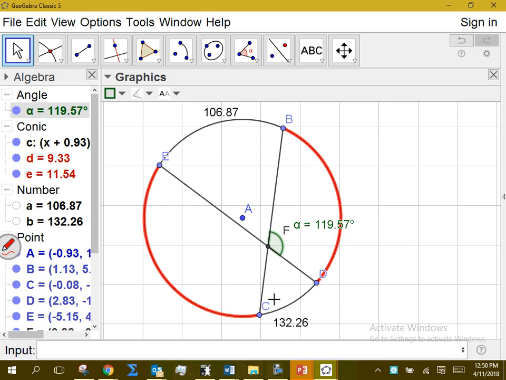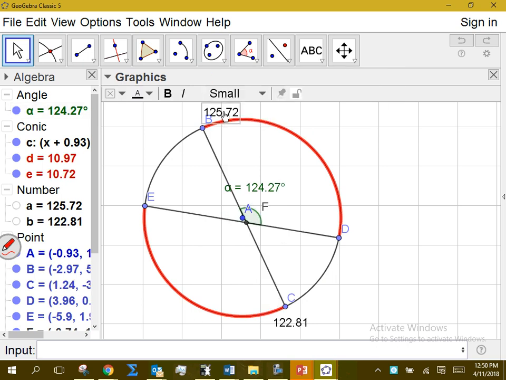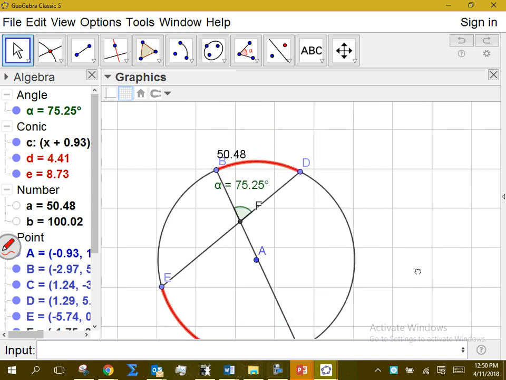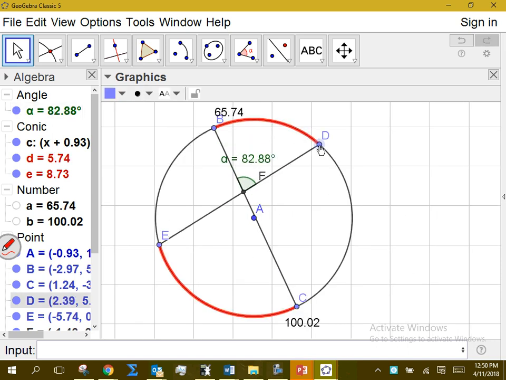Now, let me go a little bit further backwards, because there we go. So now just to deal with that angle. And let's make that arc, so we get to 60.